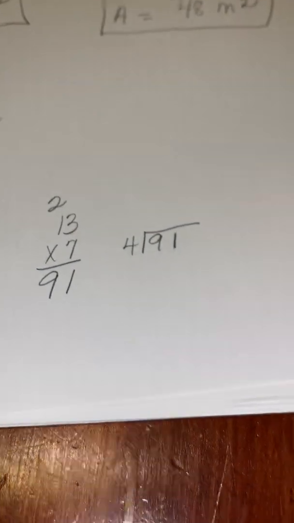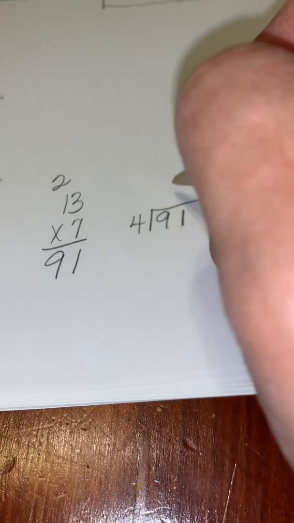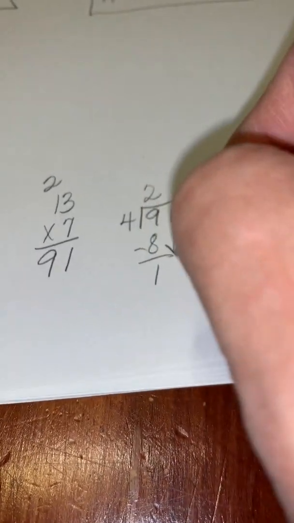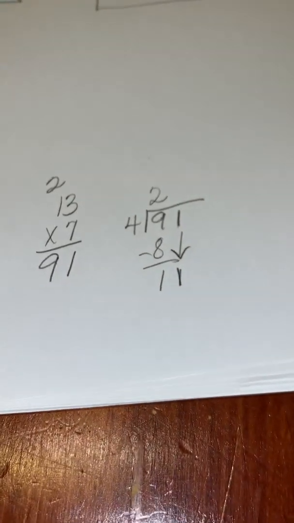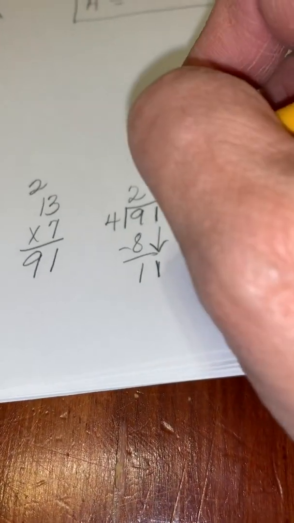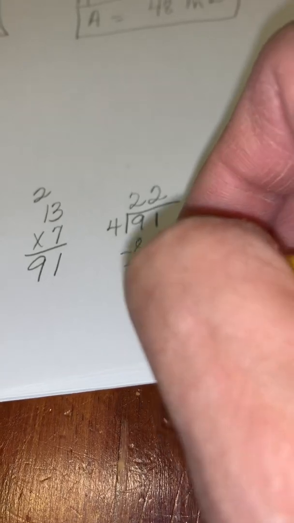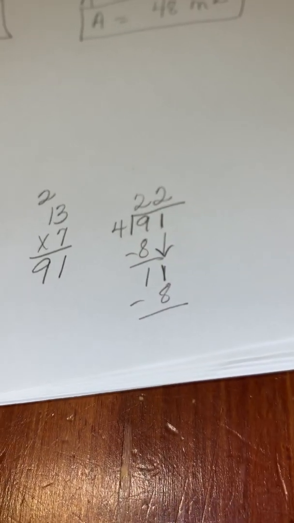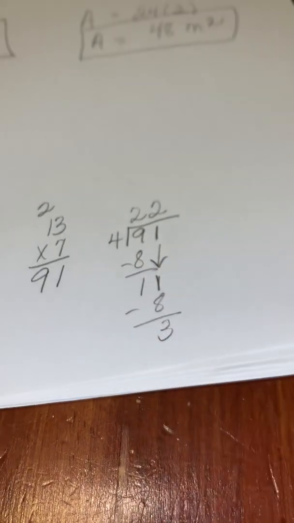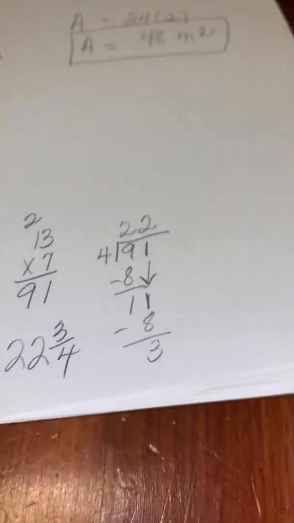Okay, so 4 will go into 9 2 times, which is 8. Bring the 1 down. 4 goes into 11 2 times, which is 8. And we have 3 left over. So our answer would be 22 and 3/4.